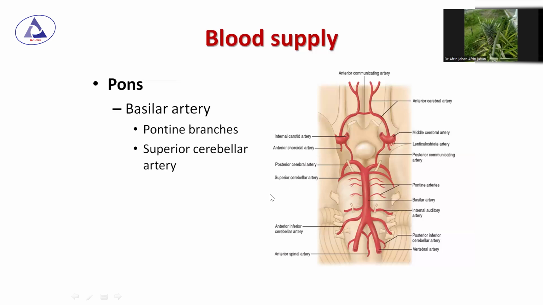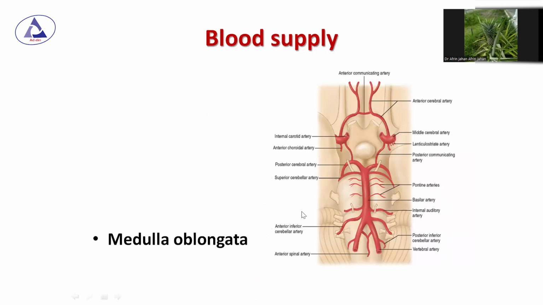It also supplies the midbrain. Then anterior inferior cerebellar artery. This is anterior inferior cerebellar artery. These are pontine arteries. This is superior cerebellar artery. This is anterior inferior cerebellar artery. All of these supply the pons.